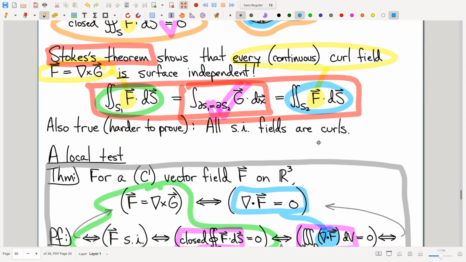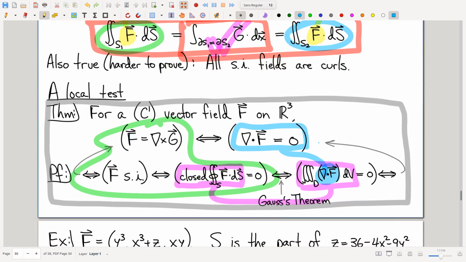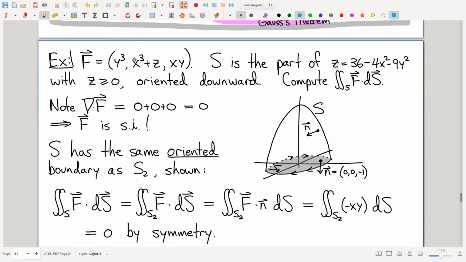Likewise, divergence, because of Gauss's theorem, is our local test for surface independence in 3 dimensions. And now let's use it. Let's actually solve a problem. By the way, this problem would be pretty inconvenient at best without this powerful tool called surface independence.